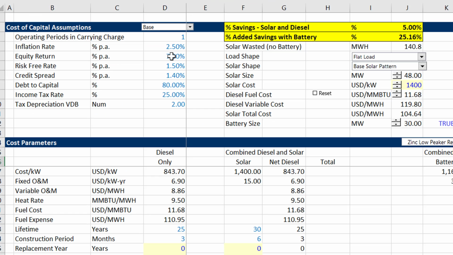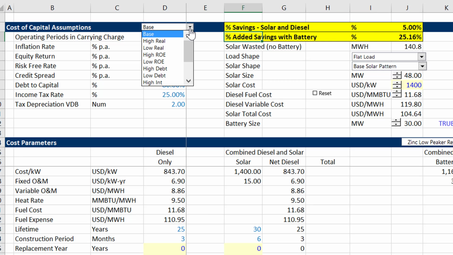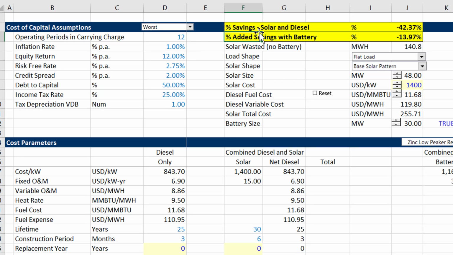It's going to be a little step above the standard LCOE analysis, and we're going to compute the savings if you just have solar and diesel, and then look at whether battery helps it, or in this case, I'm skipping to a different carrying charge assumption, or hurts it.